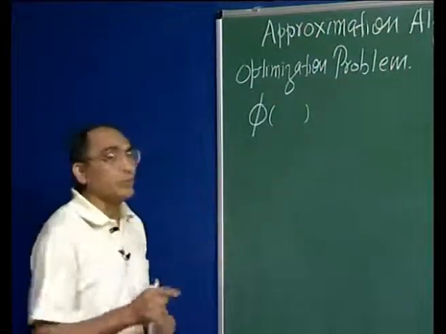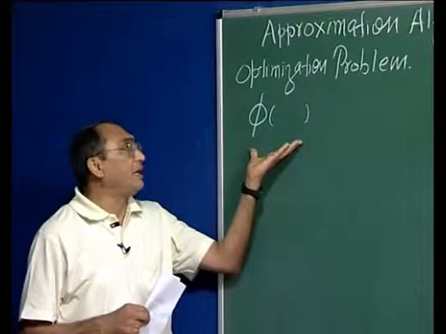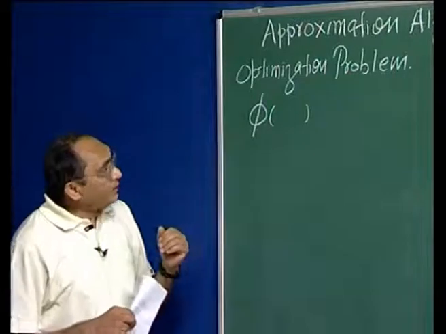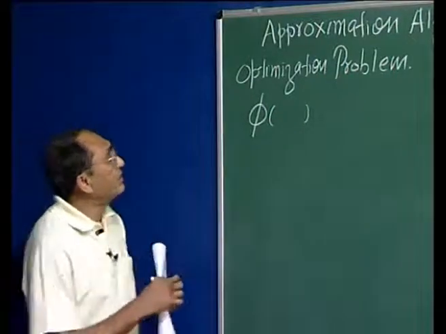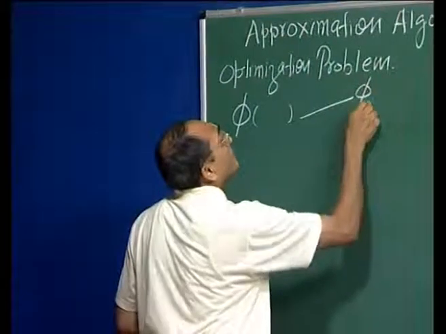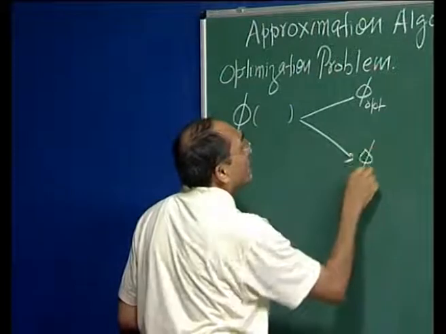We know that to compute the most optimum value of that function is hard. In that case, what we would like to do is, okay, if we can't determine the optimum value, let us find some good value.